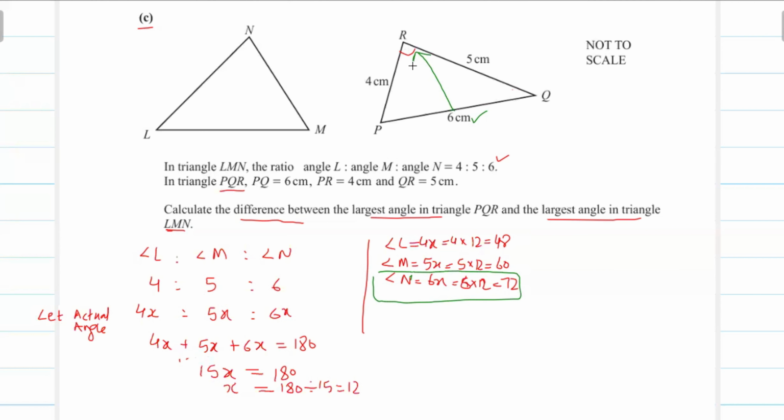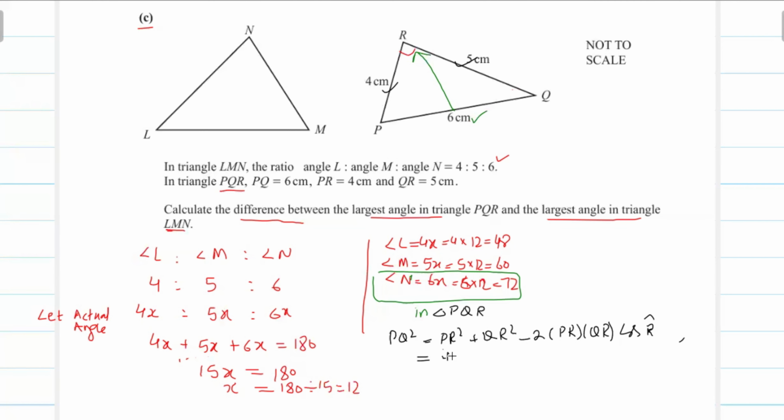Therefore, we can calculate this angle R by using the cosine rule. So we write here in triangle PQR, use cosine rule here, PQ square equal to PR square plus QR square minus 2 times of PR into QR, the product of these two adjacent sides, into cos of the angle between adjacent side is angle R. Now we substitute the value.